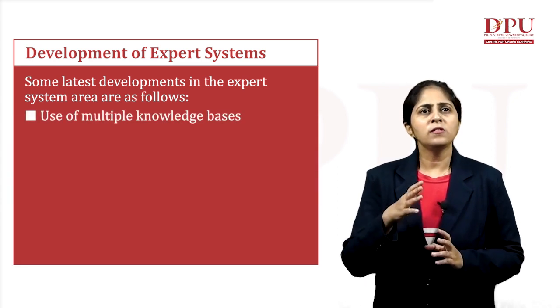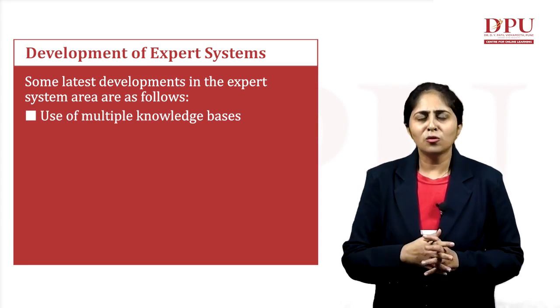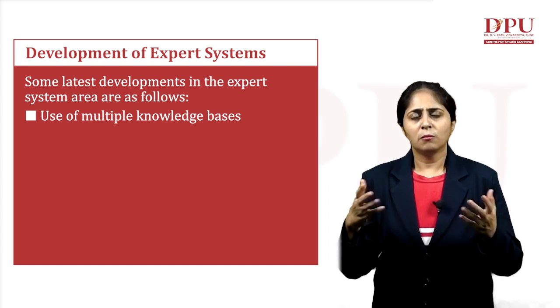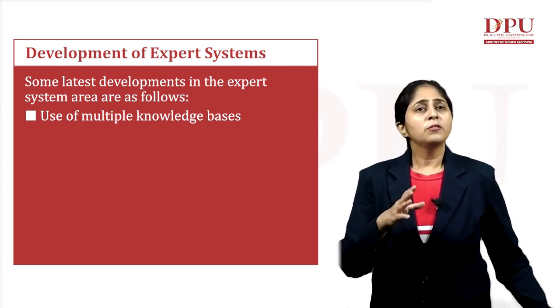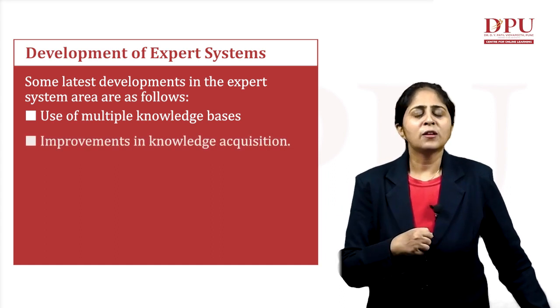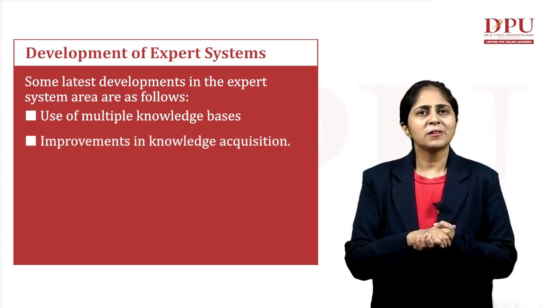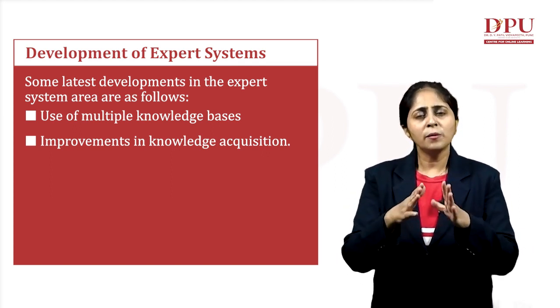Thirdly, these expert systems can use multiple knowledge bases. Various knowledge bases can be used when we are trying to build these expert systems. Fourth, improvement in knowledge acquisition. Today, when we try to build such expert systems, acquiring knowledge has not remained limited.